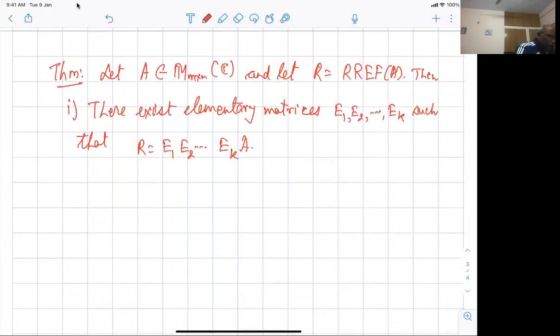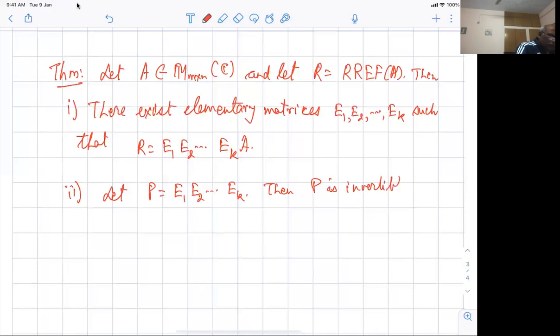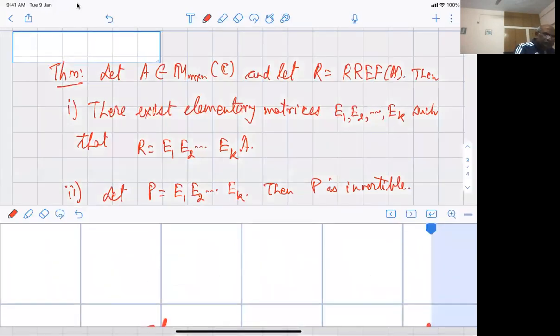So I have this. 2, let P be equal to E1, E2, up to EK. Then P is invertible. Why is P invertible? Because elementary matrices are invertible, and a product of invertible matrices is again invertible. AB inverse is B inverse A inverse. Fine, then P is invertible.